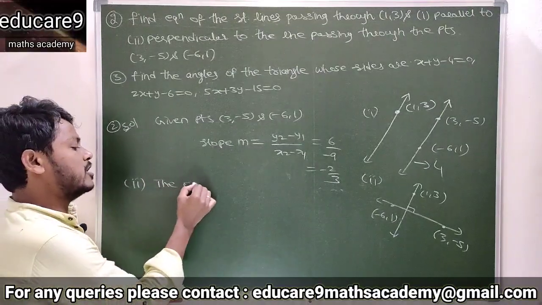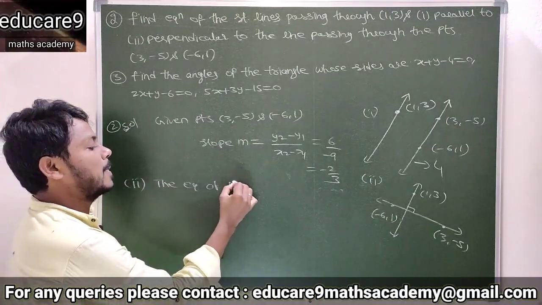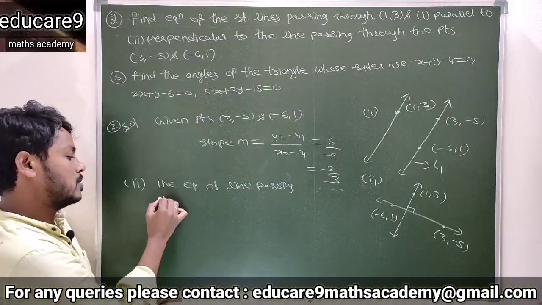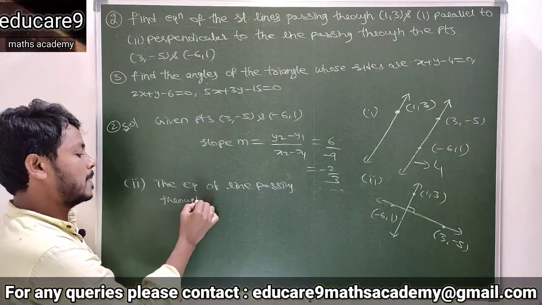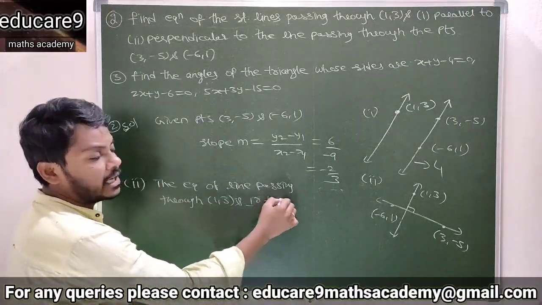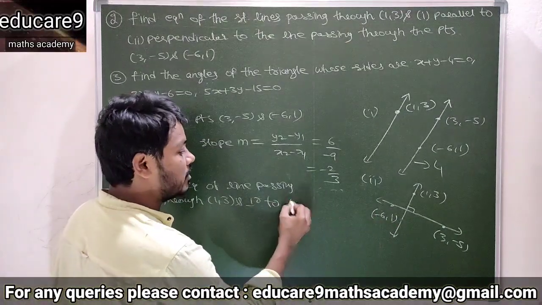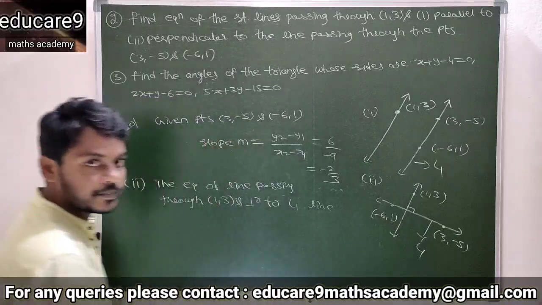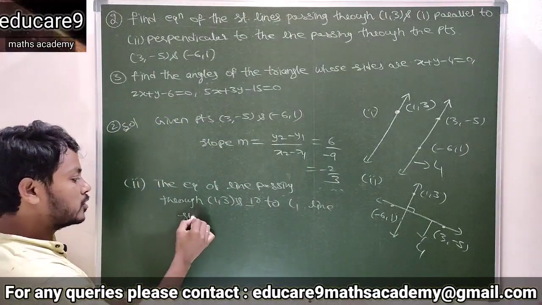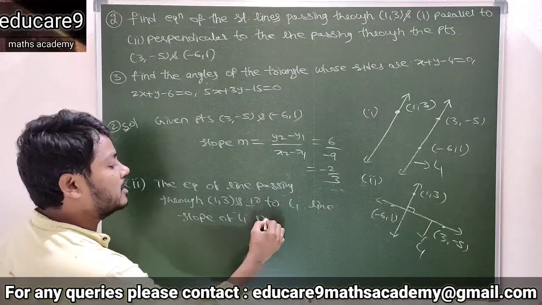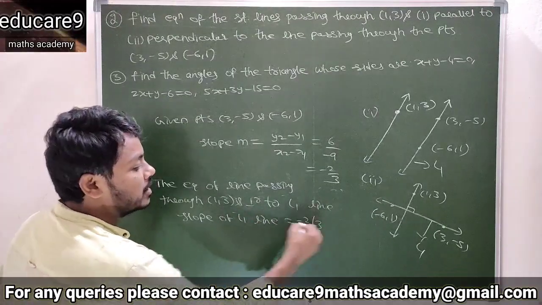See here, the equation of the line passing through 1, 3 and perpendicular to the L1 line. So this is the L1 line. Clearly the slope of the L1 line is minus 2 by 3.